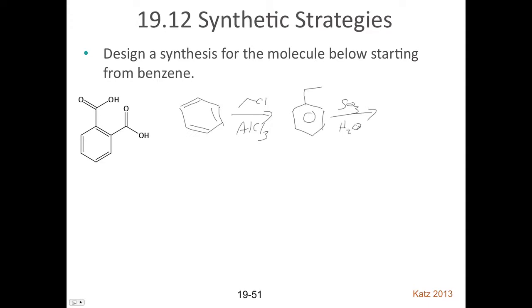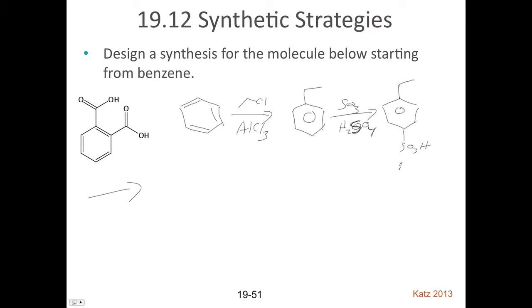That's really kind of cool. H2SO4, sulfuric acid. Blocking group. Cool, eh? All right, we'll do that. SO3H. Then we can put on the other alkyl group, the other methyl group or ethyl group here, and then we'll take that off, and then we'll use Jones to take everything down, right? Isn't that cool?